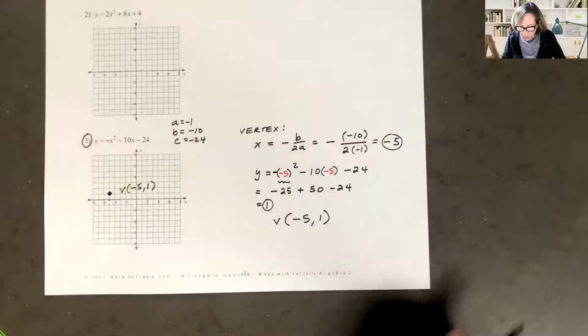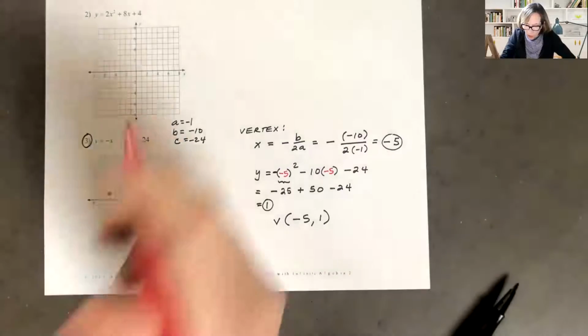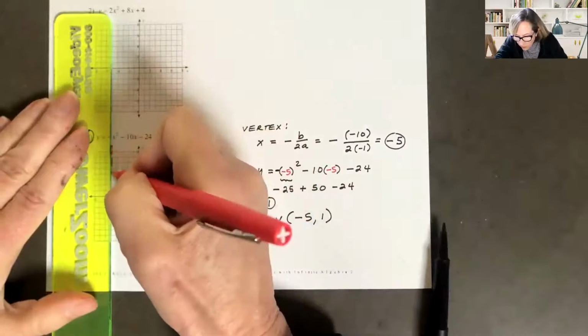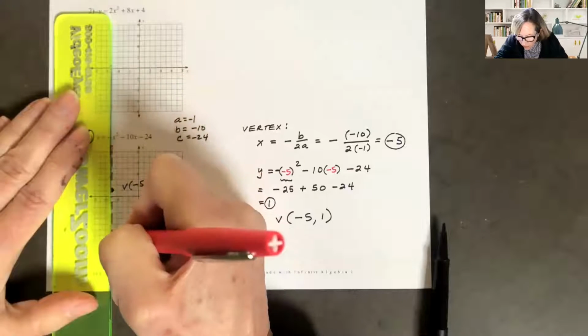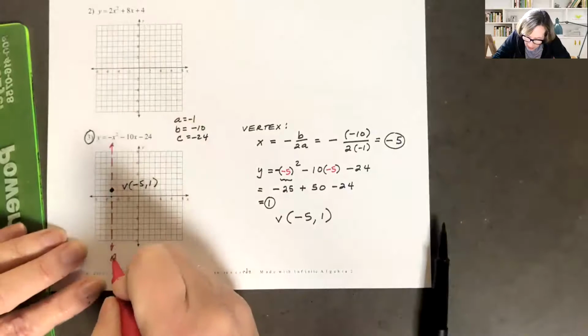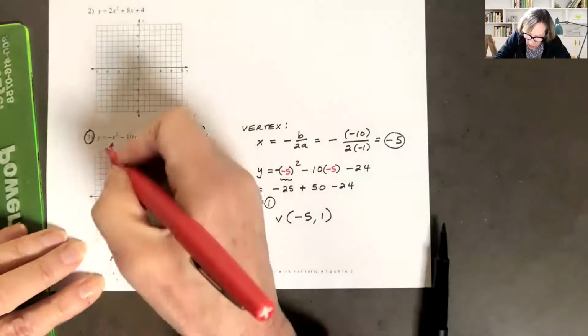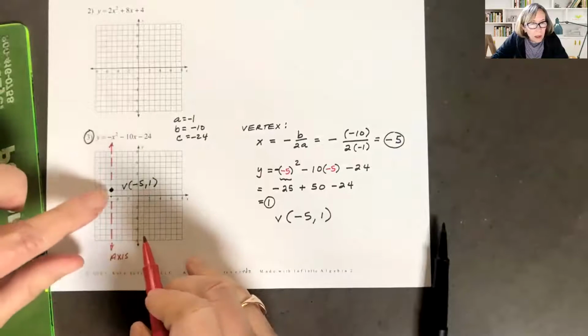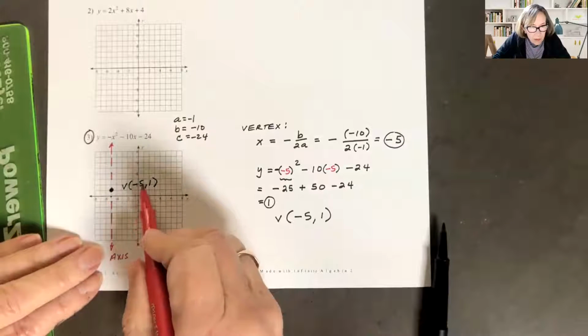Okay, now I sketch in my axis of symmetry, which is a vertical line that goes right through that vertex. And that axis line has an equation for a vertical line, which is just x equals, in this case, -5.